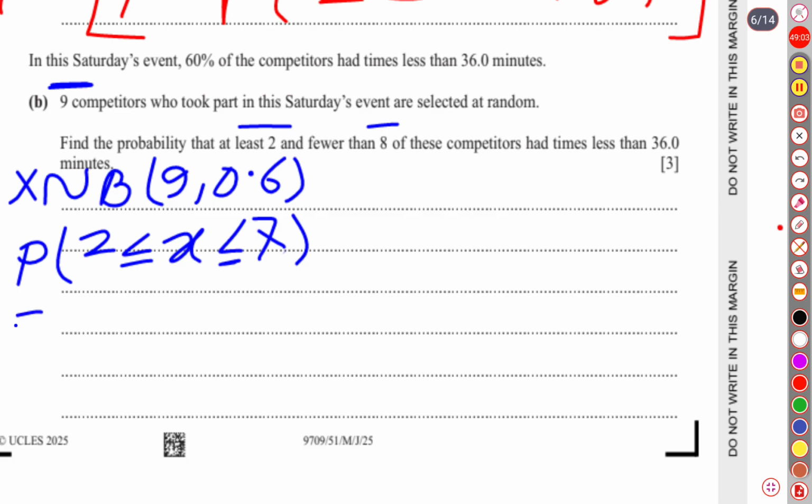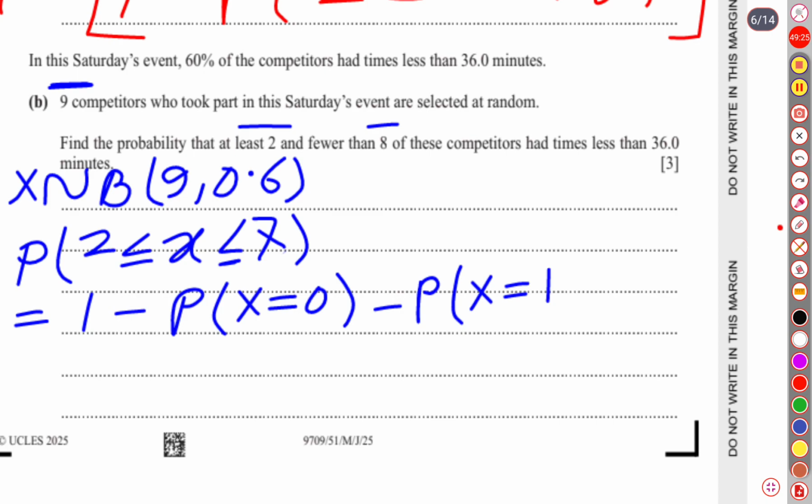From the whole of the probability, which is 1, we will subtract the probability when no one took less than 36 seconds, or the probability when there is only one runner who took less than 36 seconds. 2 cannot be included, so there remains more than 7.